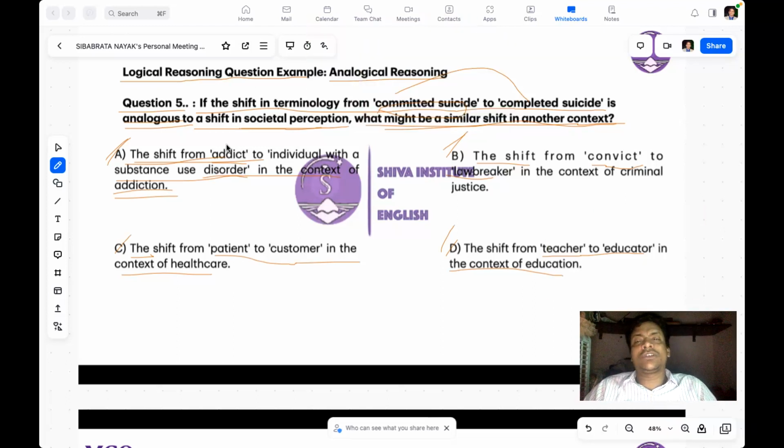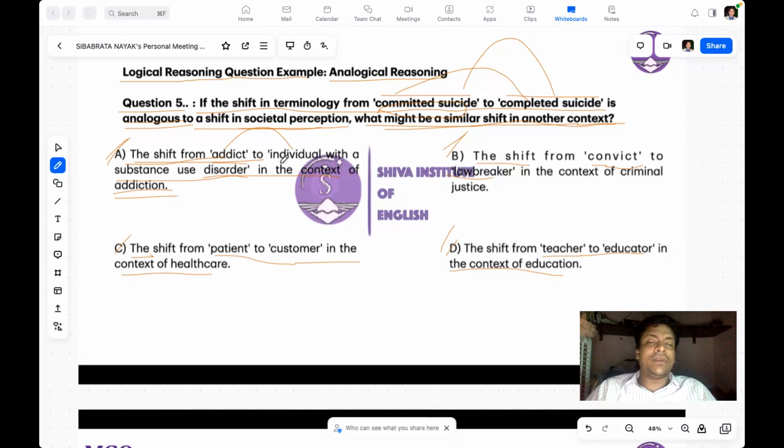The question is, the shift in terminology from committed suicide to completed suicide. So committed suicide means you tried, and completed suicide means you succeeded, right? Similar to that, addicted to individual means you are addicted to a particular thing, that may be any kind of food or any kind of drugs.